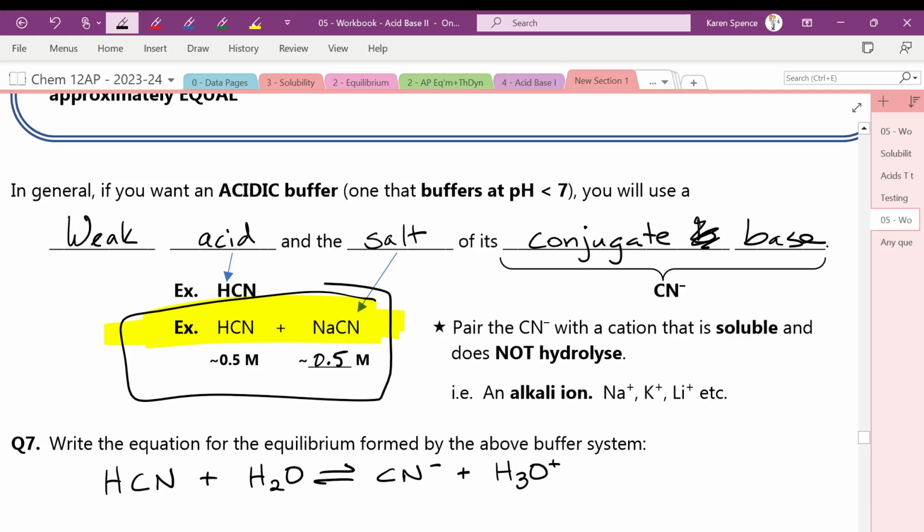Technically, you could also write it without the H2O.